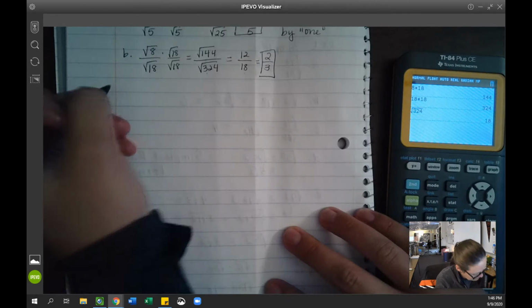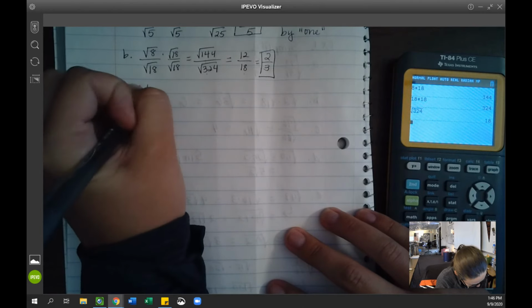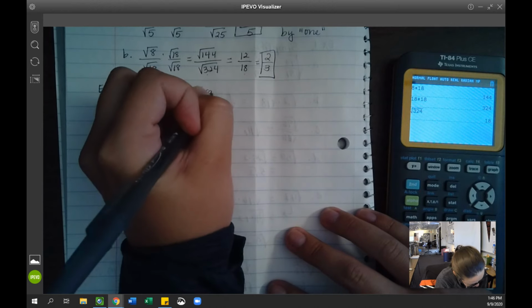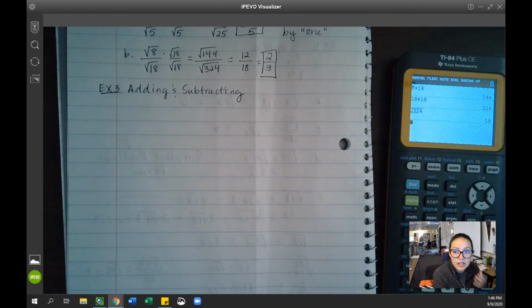All right. Example 3. Adding and subtracting. All right, I want you to think of adding and subtracting just like you would think of combining like terms.